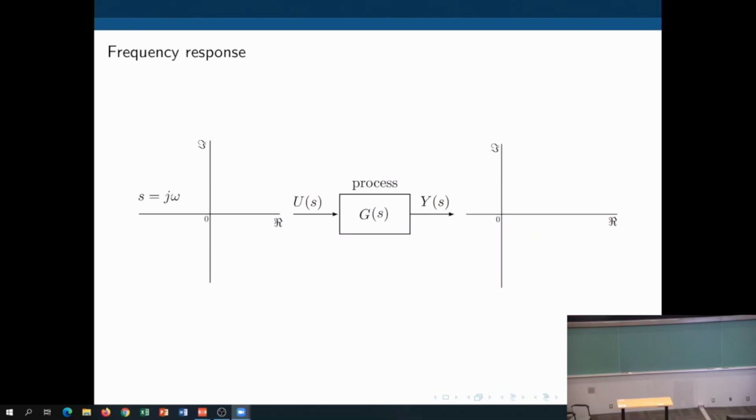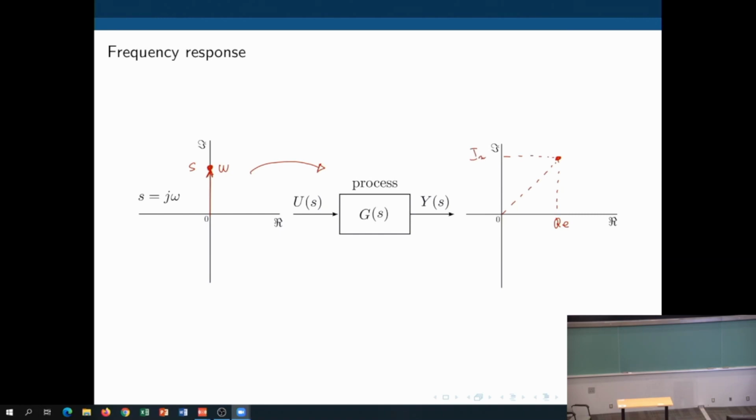So what are we doing here? Once again, we are taking now S equals j omega. So if you place S in the imaginary plane here, we have S over there. This distance here is the frequency. We are giving this frequency to the system, and the output is something that makes the transfer function have a real and an imaginary component.